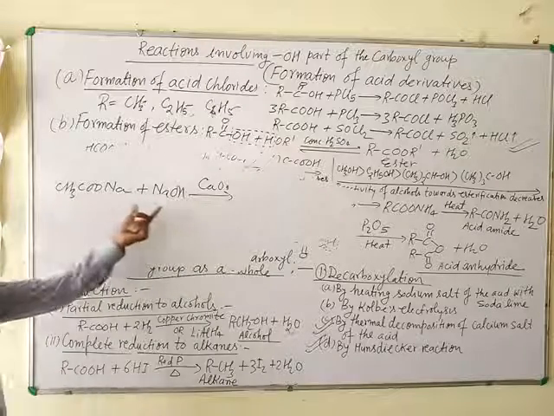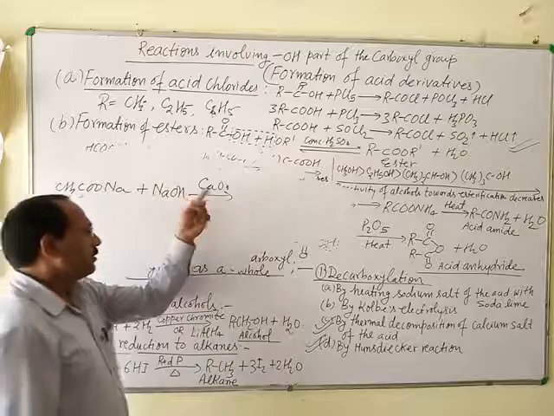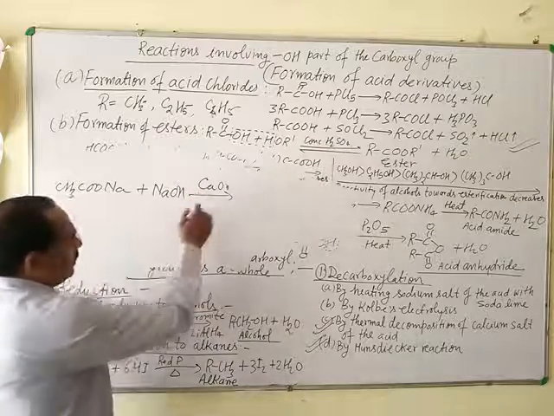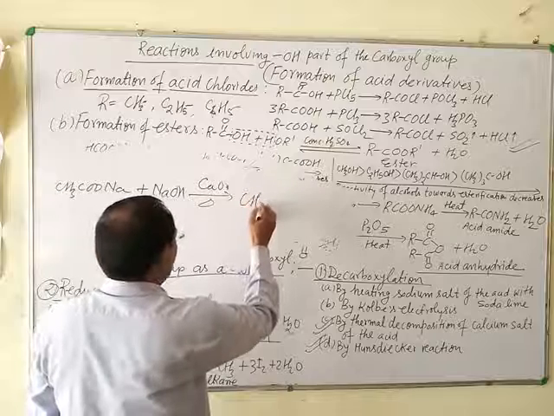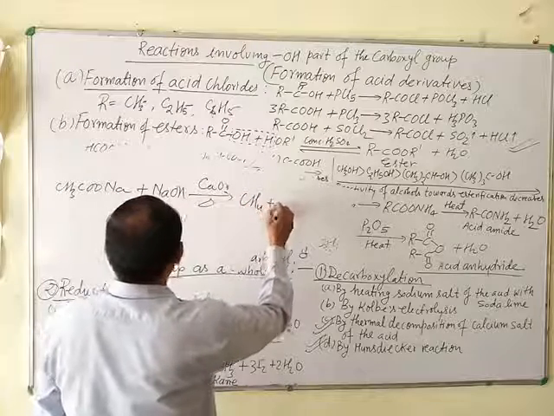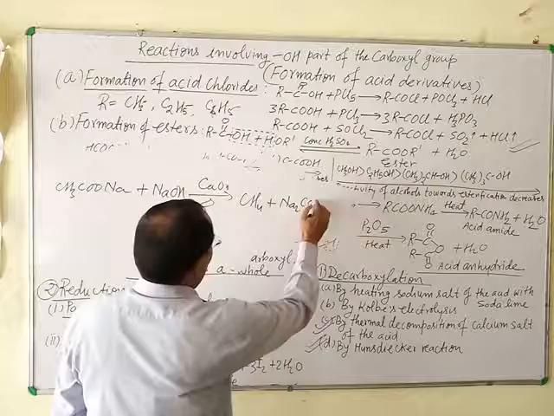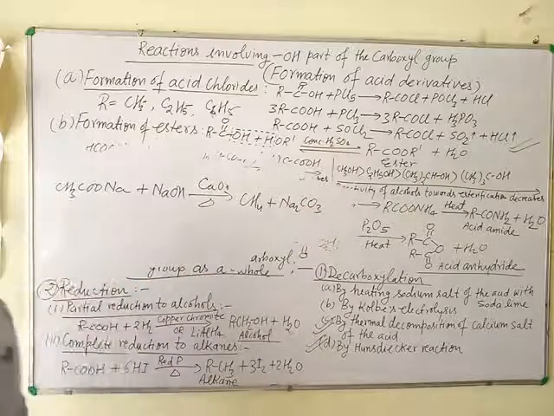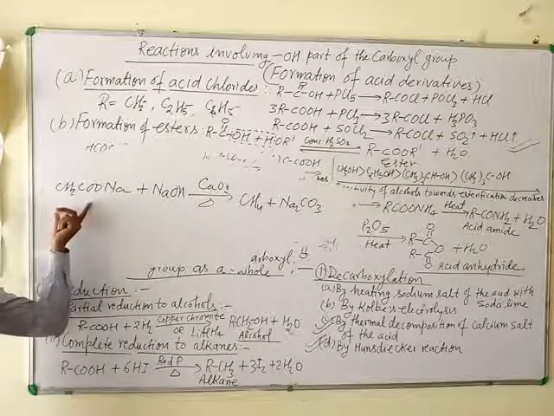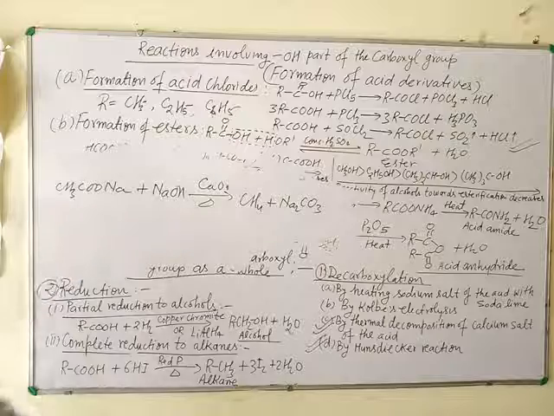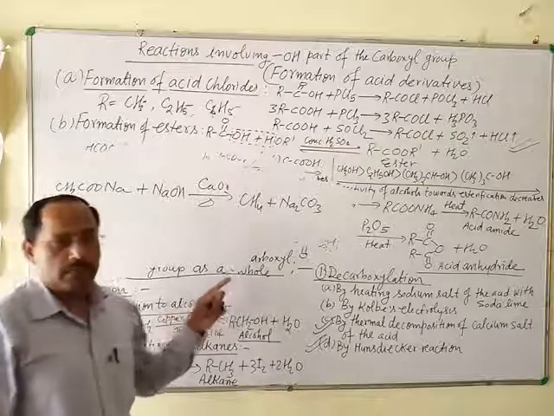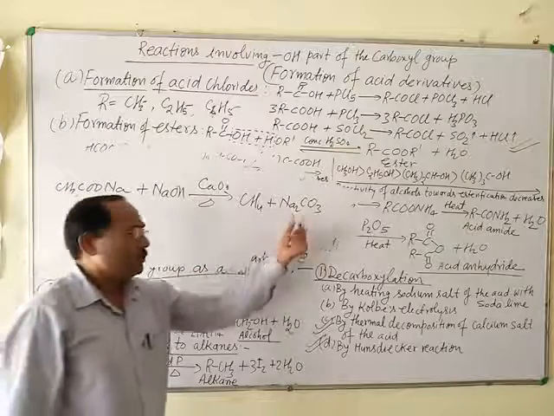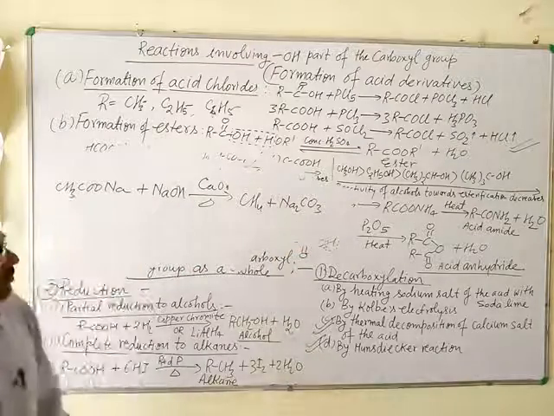Sodium acetate plus NaOH, CaO, and heat gives CH4 plus Na2CO3. When the sodium salt of carboxylic acid is heated with soda lime, the corresponding alkanes are obtained with the loss of sodium carbonate.